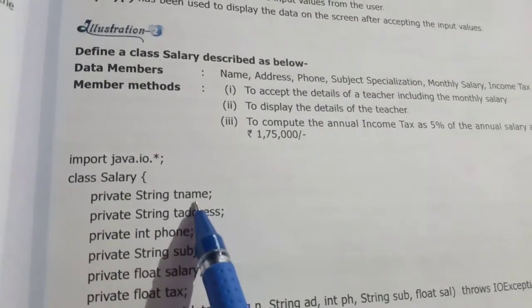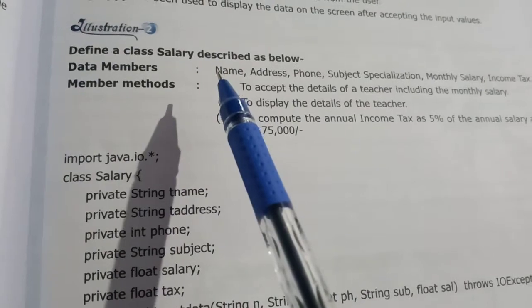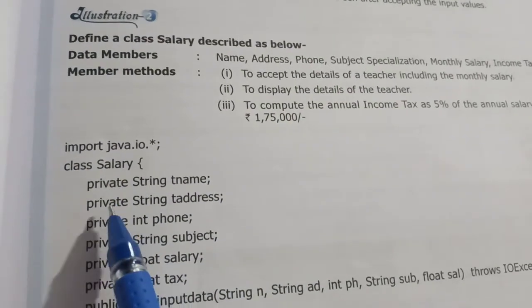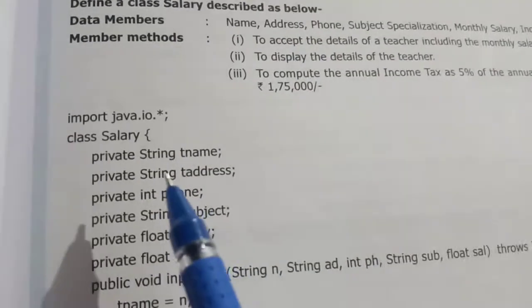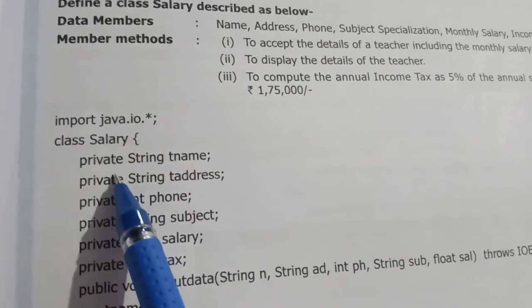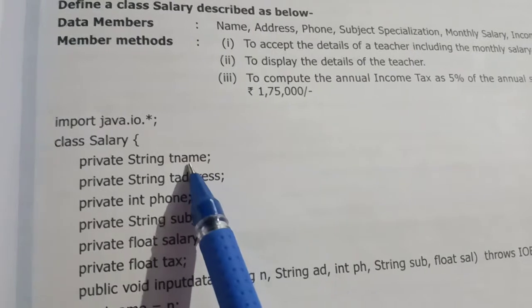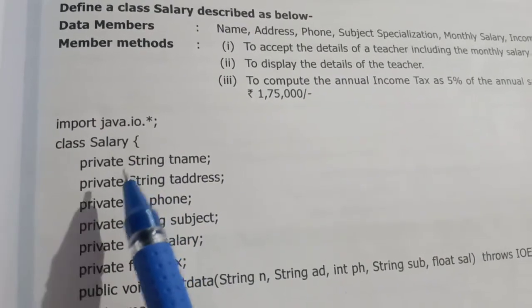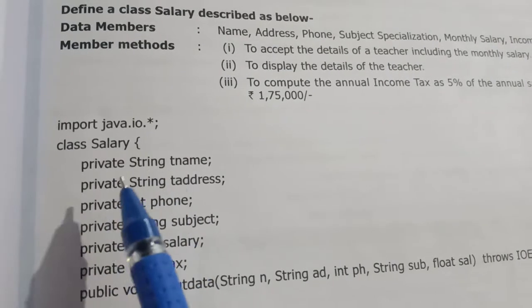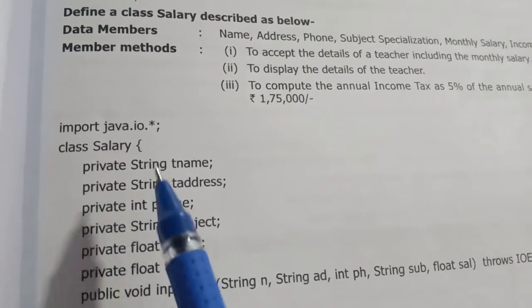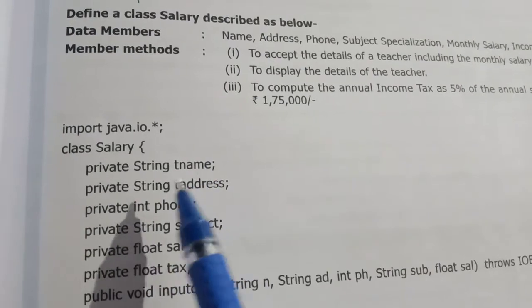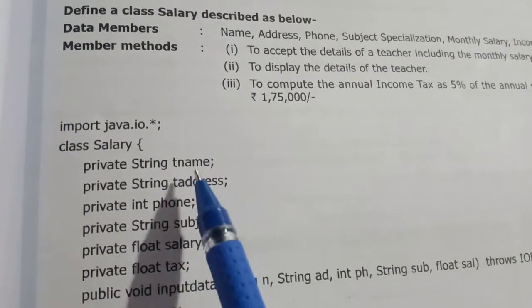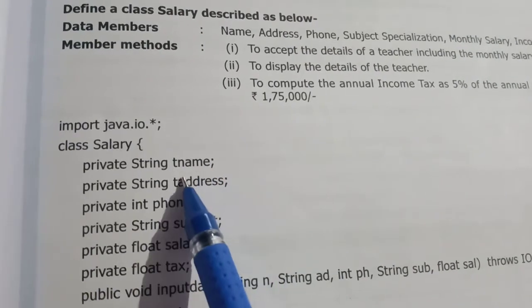Private String tname. Here we have to take name. Private, public, protected, I told you these are the access specifiers. String tname, I told you the data types: integer, character, string. Integer stores the integer value 0 to 9, character stores alphabetical values A to Z, but string stores a value which is a combination of integer and character.